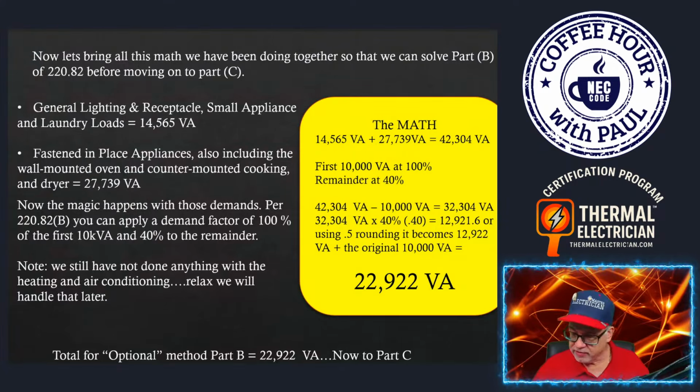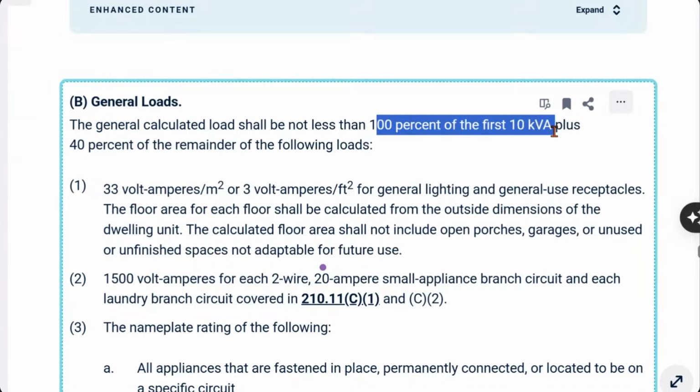Right here. And here is where you see all of this information we got right here. We haven't got to C yet. So we're up here. So here's the rule. It says the general calculated load shall be not less than 100% of the first 10 kVA, plus 40% of the remainder of the following loads.